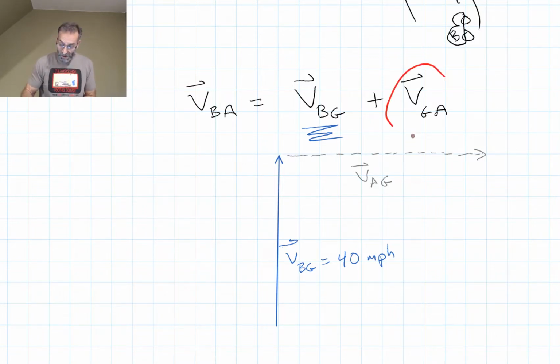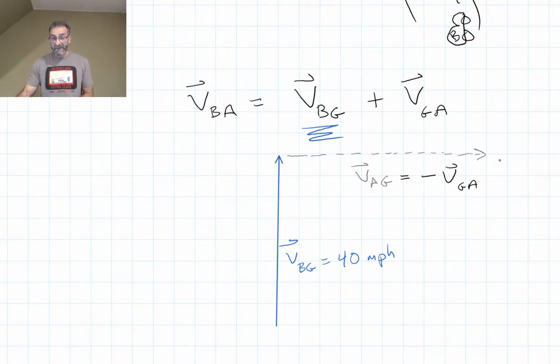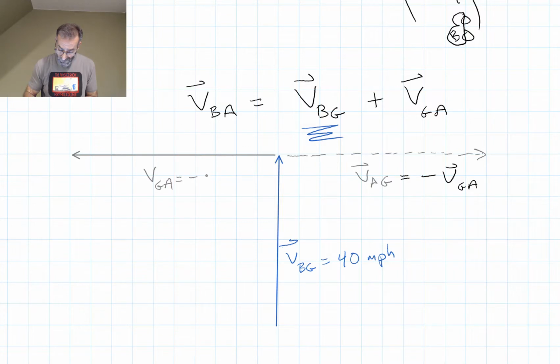I want the velocity of the ground with respect to A. And what happens when I flip the subscripts? I rotate by 180 degrees. So this is the opposite of VAG. VGA must point 180 degrees opposite from this. The magnitude is 50 miles per hour, and the direction is to the left.